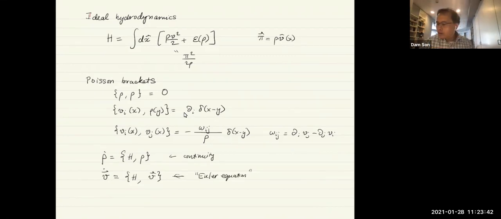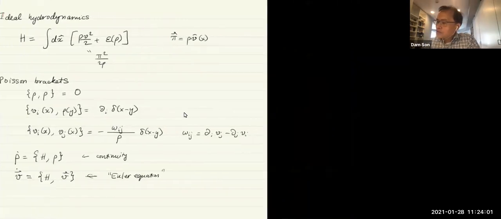Okay, so today I'm going to tell you a little bit about some curious fact about these Poisson brackets that would put it in a broader context related to quantum field theory and also to differential geometry.